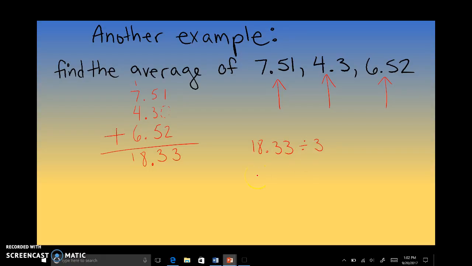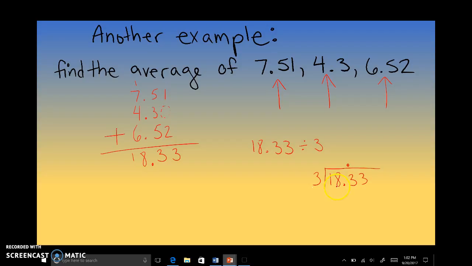And again, we can just practice the long division quickly with you. So 18.33 divided by 3. First step we're going to do is move up our decimal so we don't forget about it. And because our divisor, 3, is a whole number, we don't need to worry about moving the decimal at all.